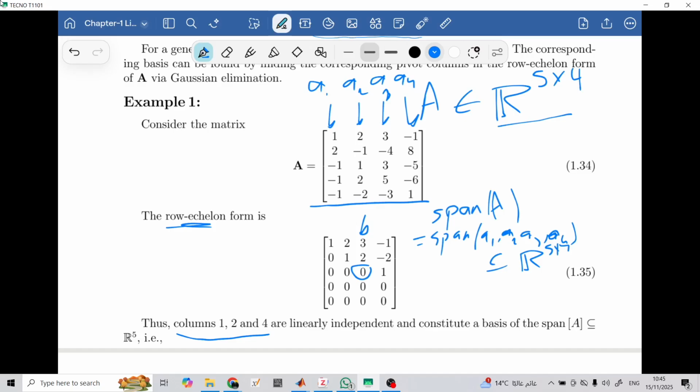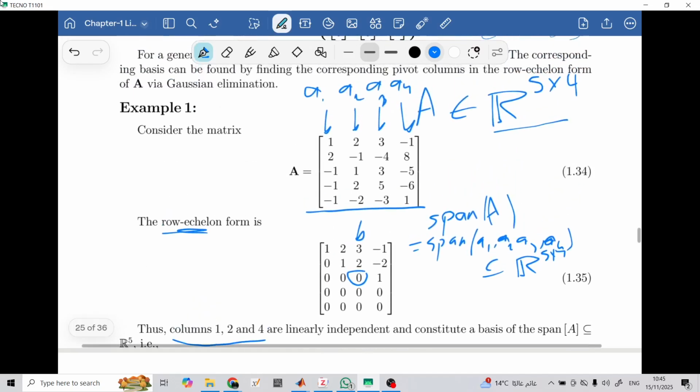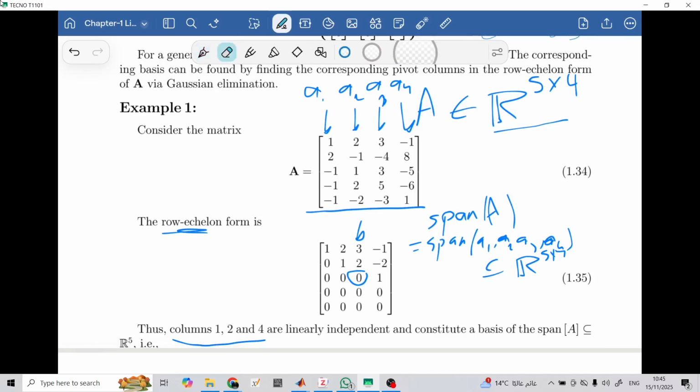Just let me be clear here. A belongs to R 5 cross 4, but sorry, the span of the vectors belongs to R5. So what does this mean?